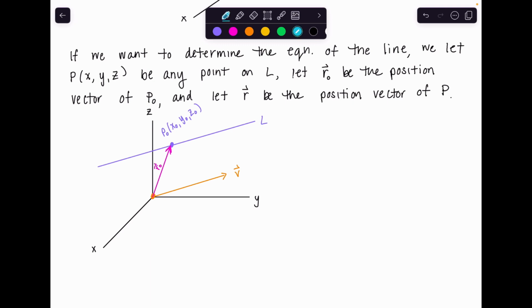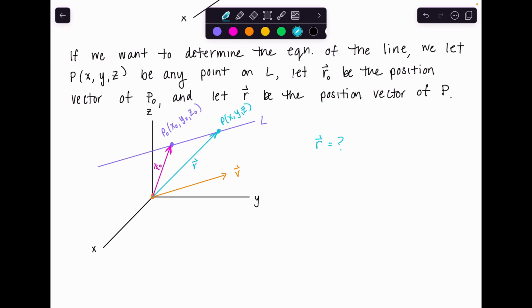And then my point P is any arbitrary point along here. So I don't know the coordinates. It's some x, y, and z values on the line. So r is the position vector for this, and my goal is to figure out what r equals. What does this equal? Because that is going to be my vector function.